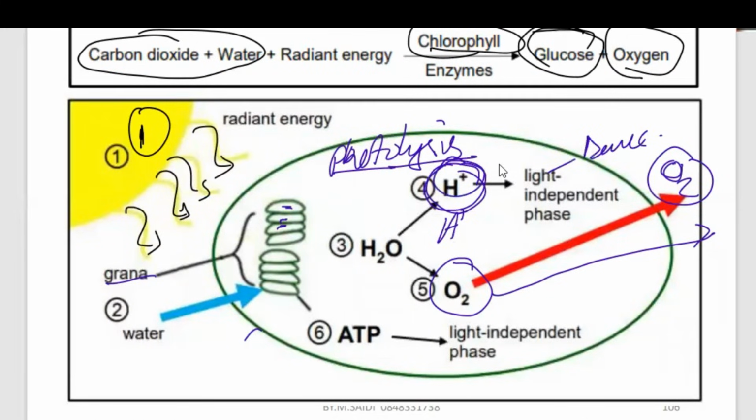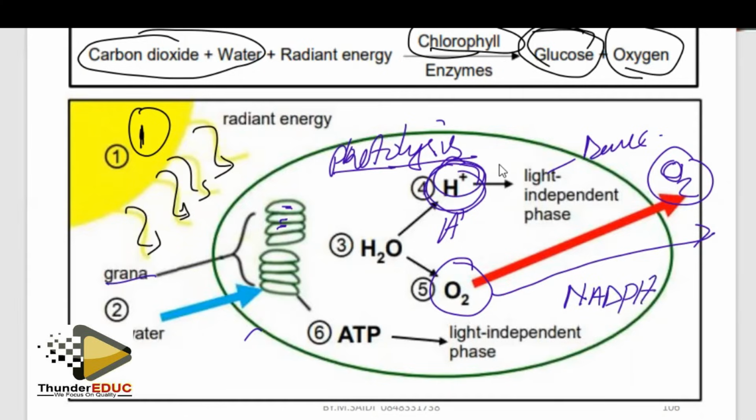But how does this hydrogen go to the dark phase from the thylakoids? It goes there by use of NADP.